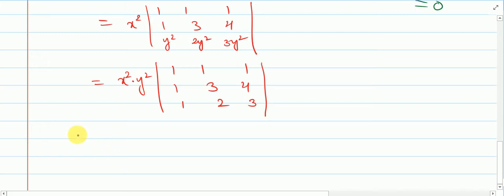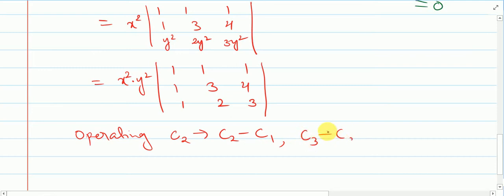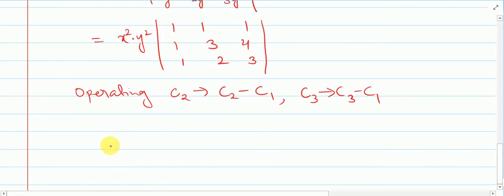Okay, so write, operating C2 minus C1, C3 tends to C3 minus C1. So what we are getting, x square, y square, okay, 1, 1, 1, 0, 3 minus 1 2, 2 minus 1 1, 0, 4 minus 1 3, 3 minus 1 2.